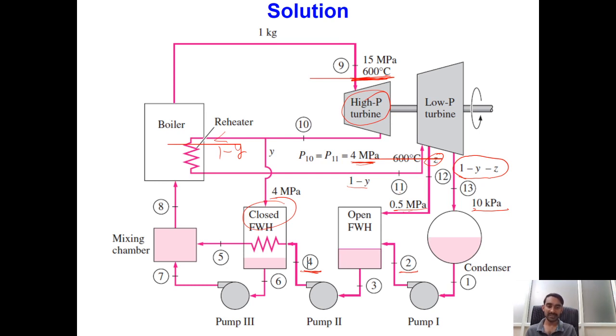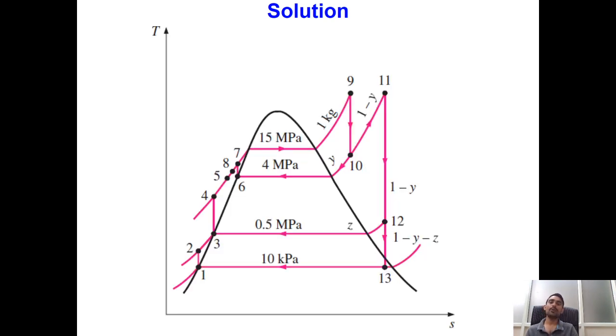Corresponding to it, if you plot your TS diagram on actual scale, it will look something like this. I have already shown you how to plot this diagram. Whenever I plotted it earlier, I considered that I should get the same terminal points, so all the terminal points here are identical to those I drew in the previous slides.